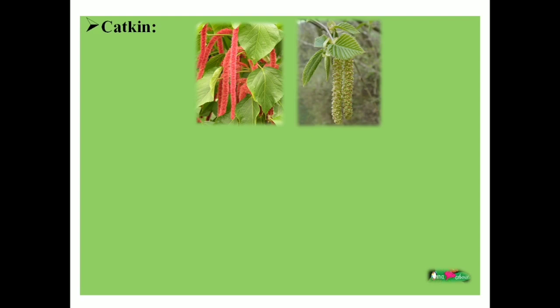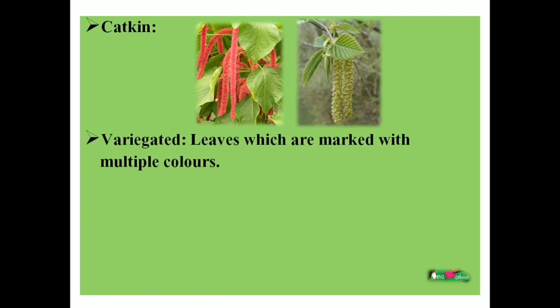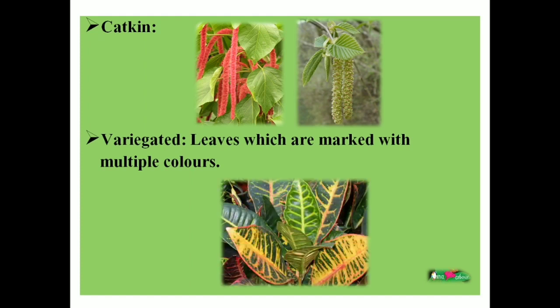You can observe the flower, that is a drooping flower. This is called catkin. The next is variegated. Variegated means the leaves or flowers which are marked with multiple colors. Here is the best example, Codiaeum variegatum. Most people call it Croton.